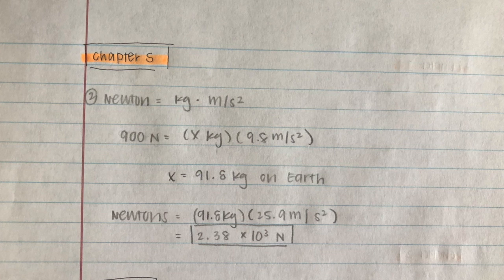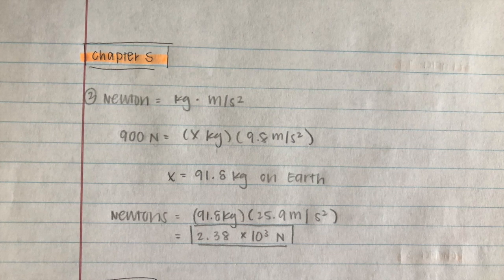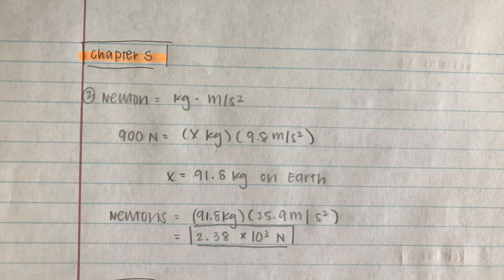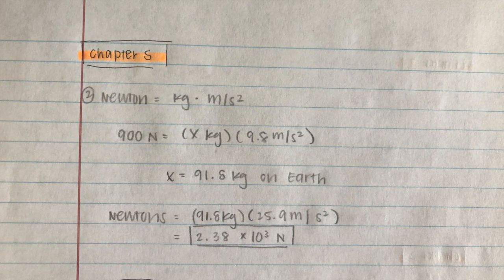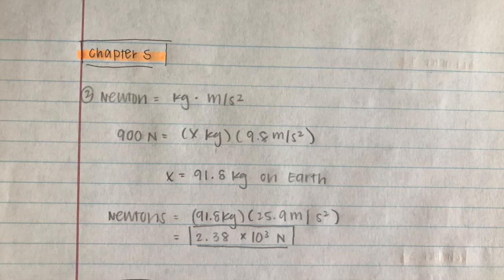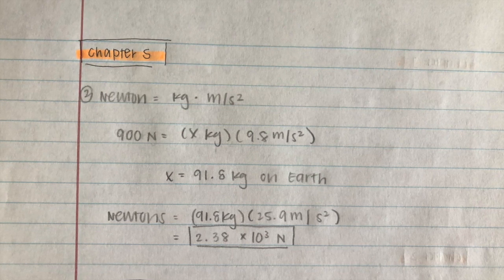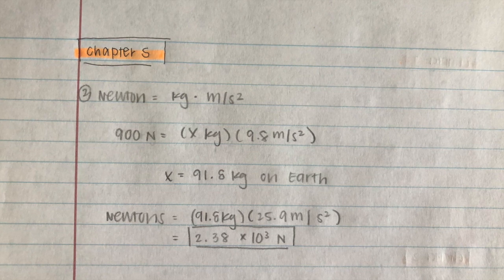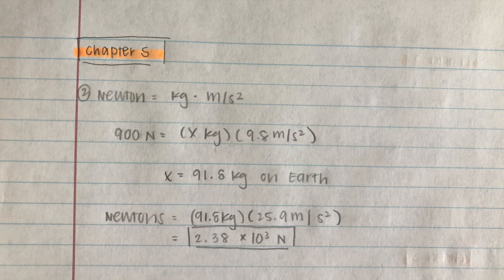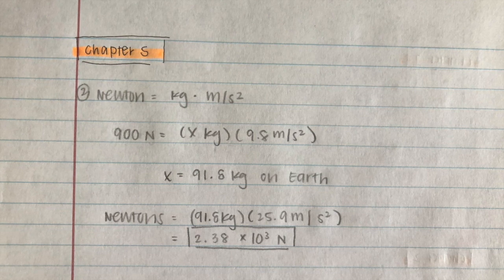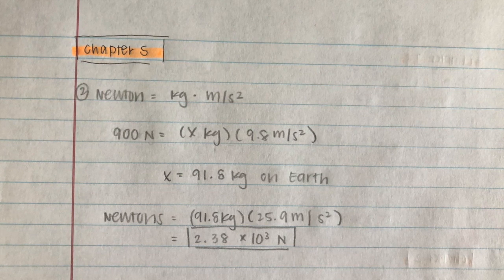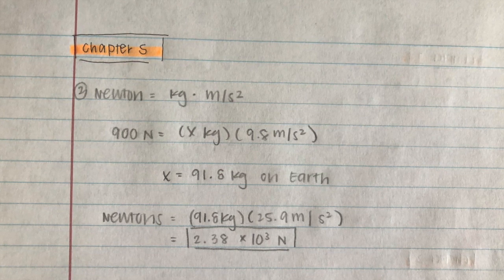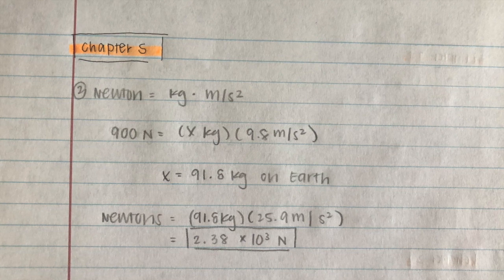Before calculating the number of newtons the man weighs on Jupiter, we have to calculate the mass in kilograms that equals the number of newtons the man weighs on Earth. Doing that, we do 900 newtons equals x kilograms times 9.8 meters per second squared, because that models the force equals mass times acceleration equation. We use 9.8 meters per second squared specifically because that's the free fall acceleration that is present on Earth.